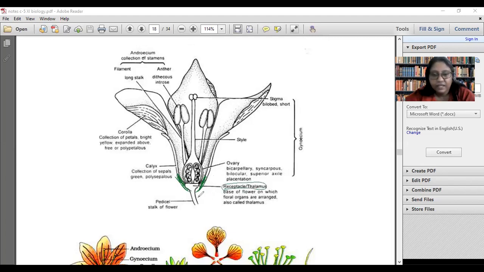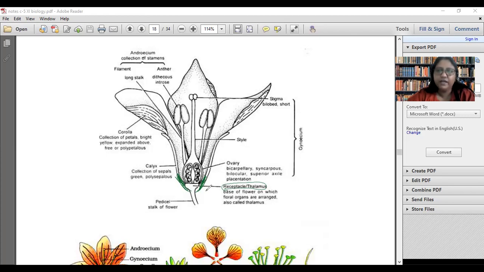Okay. The stalk of leaf is known as petiole. The stalk of flower is known as pedicel. Remember, when leaf doesn't have stalk, what type of leaf we call them? Beta? Yesterday we studied, no? One is petiolated leaf, other is what type of leaf, beta?